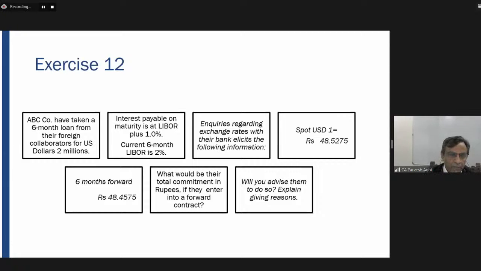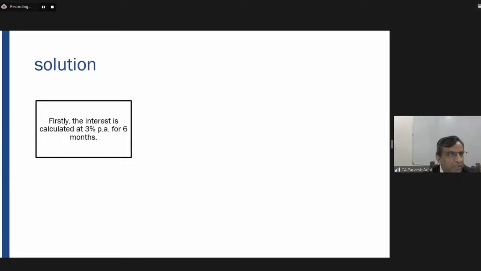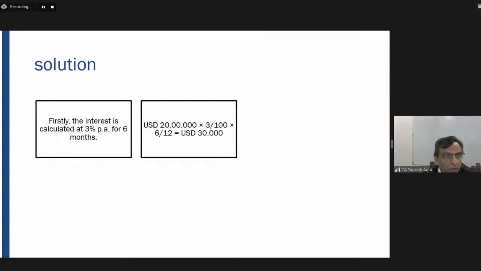Firstly, the interest rate is calculated at 3%, which is LIBOR plus 2%. So the company is going to pay 3% interest on the loan they have taken of 2 million for 6 months. We know the loan is for 2 million, or 20 lakh rupees.